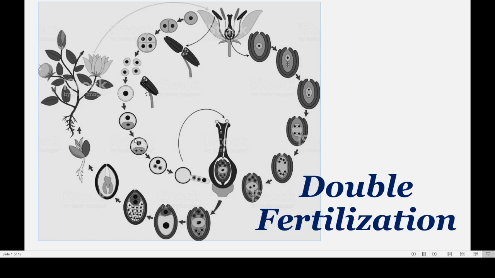Here you can see generative and vegetative cells have formed, out of which the generative cell gives rise to 2 non-motile male gametes. Through the germ pore, a pollen tube develops, through which these male gametes reach the ovule of the gynoecium, right? Here you can see the pollen tube is there, and 2 non-motile male gametes are present.